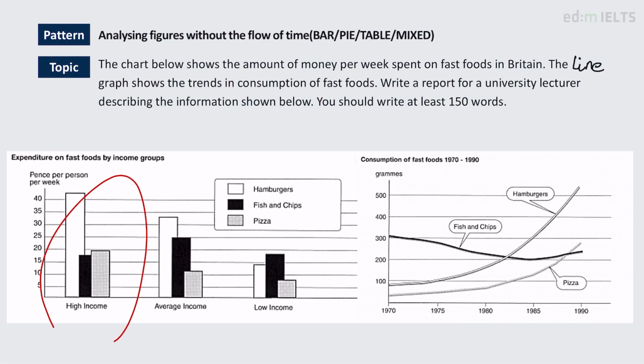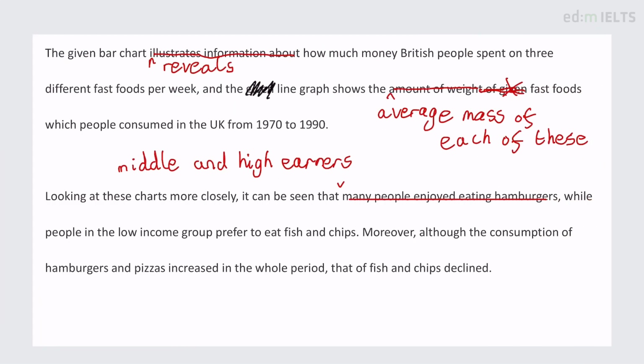Middle and high earners spent the most, like the most money per week on average, on hamburgers.